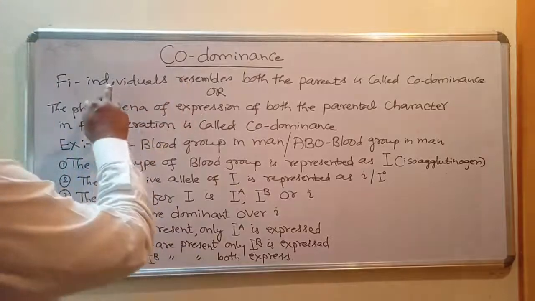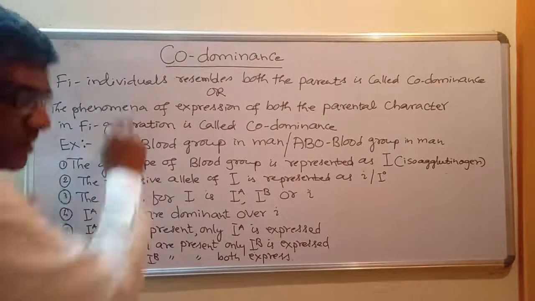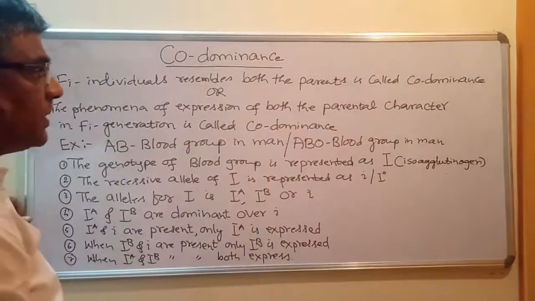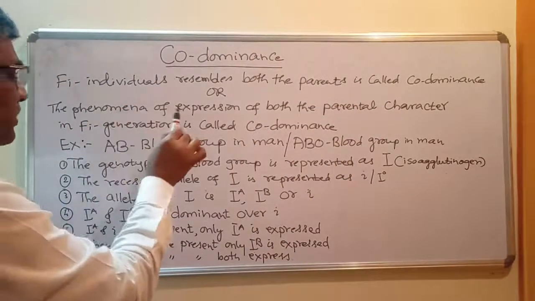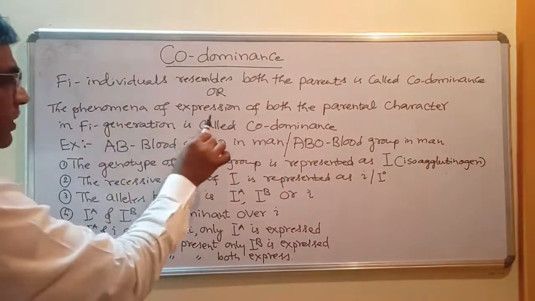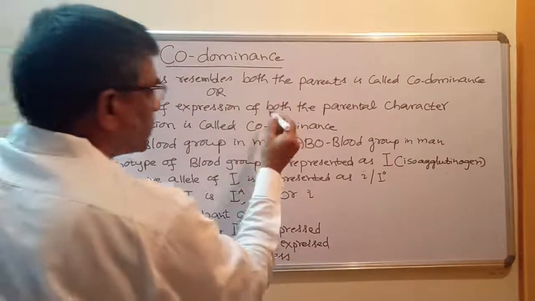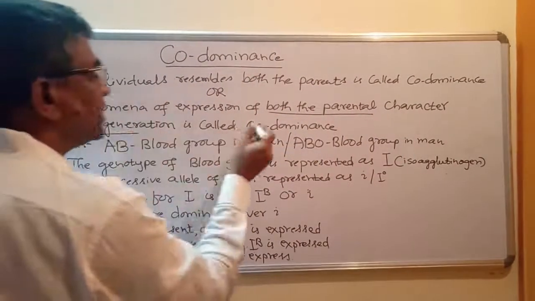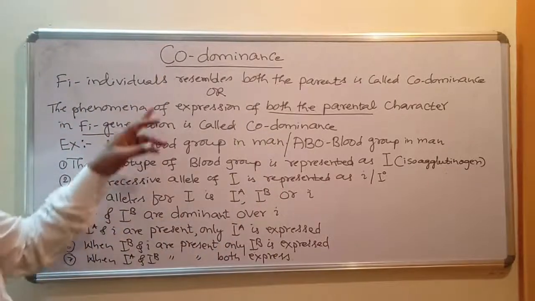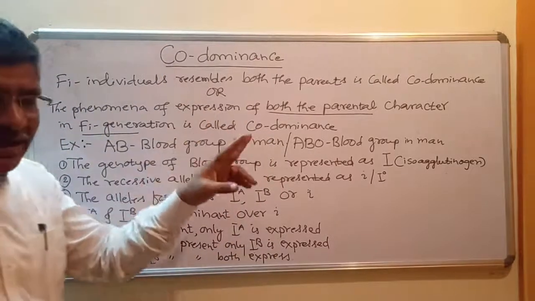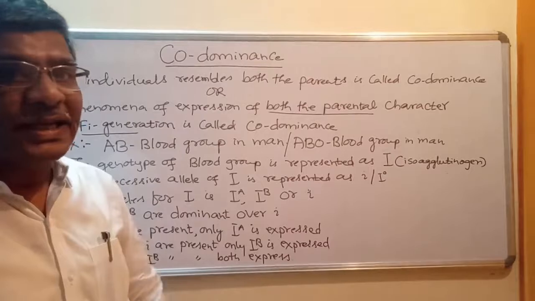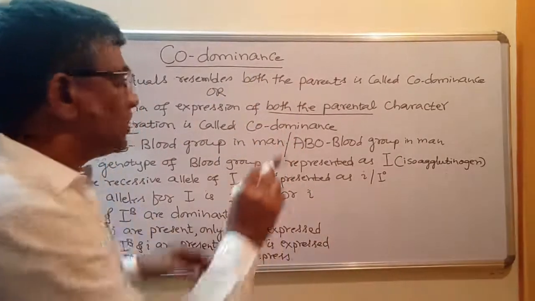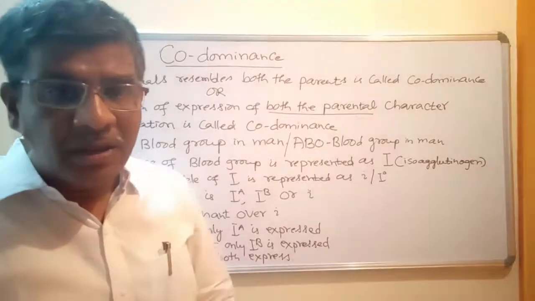Therefore, F1 individuals resembling both the parents is called codominance, or you can define it as the phenomenon of expression of both the parental characters in the F1 generation. Even though the alleles are different, both alleles get expressed in the F1 generation, therefore this is a codominance.